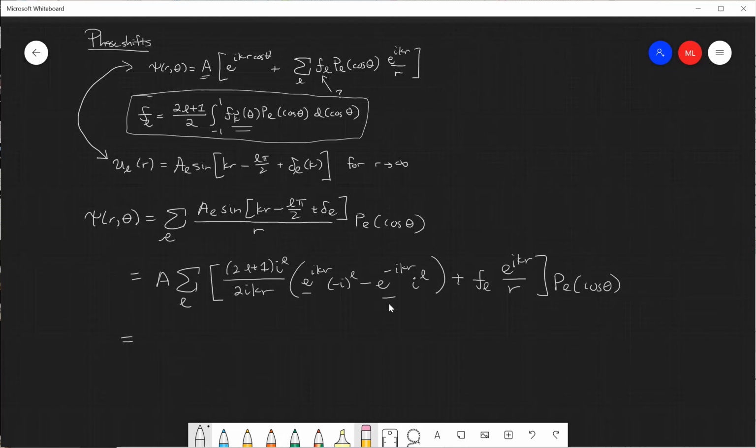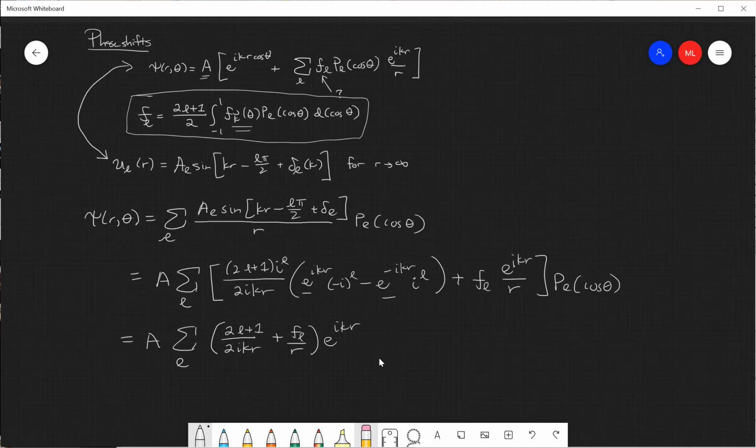So we can do that. This becomes a sum over L. We can just start combining different pieces. One piece is (2L plus 1) over 2iKr plus f_L over r times e to the iKr. The i to the L's cancel for that part, because i times minus i is just 1.